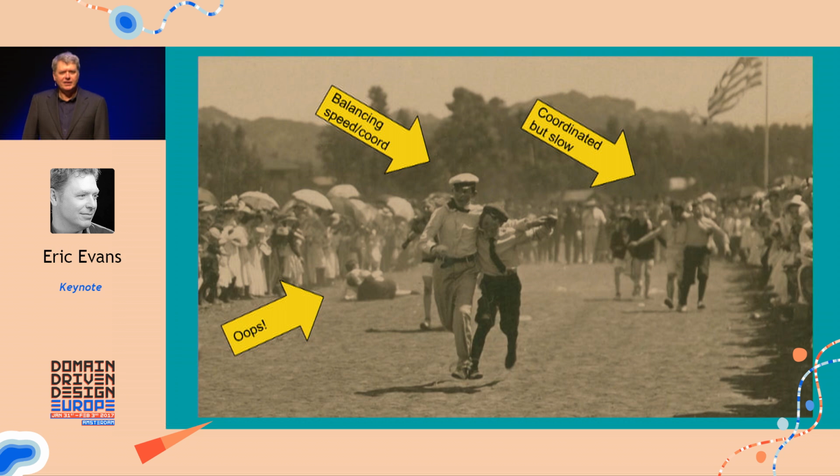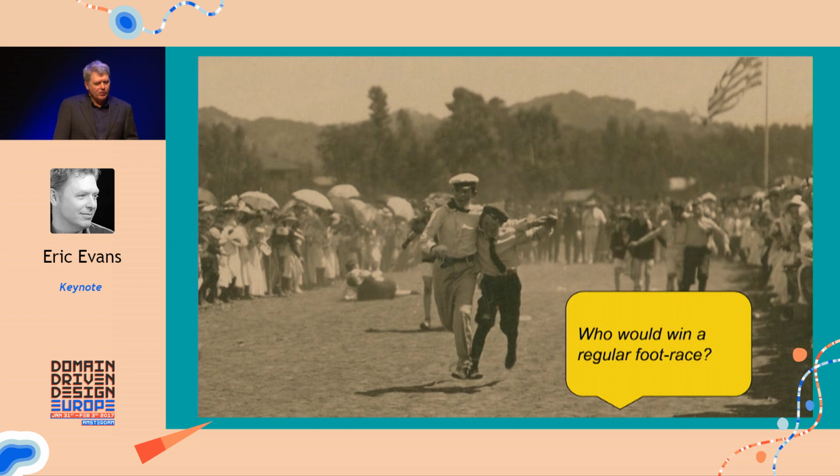And these guys might be fast runners, but they haven't coordinated well. So, now, if we had a regular foot race, like just cut the cord and let all the kids run, who would win the race? It's quite a different set of criteria, right? Let's say that it would be these guys. The actual fastest runners, independent of whether they can coordinate with another runner.